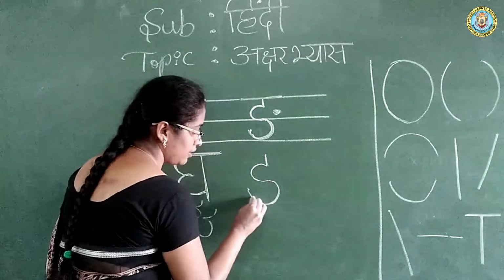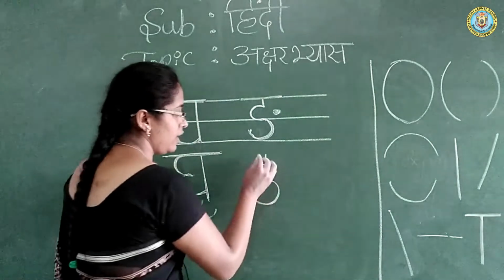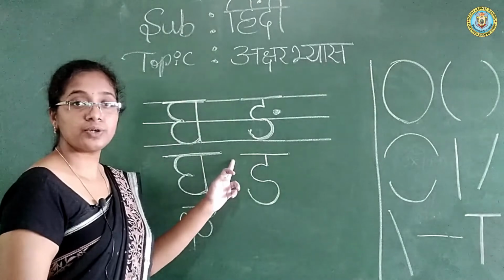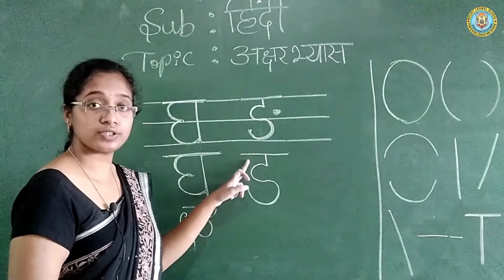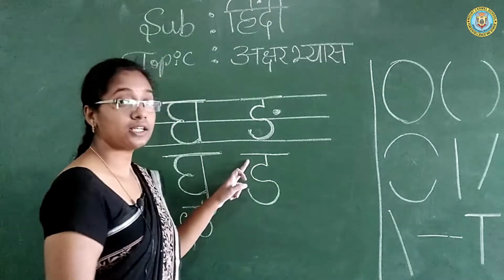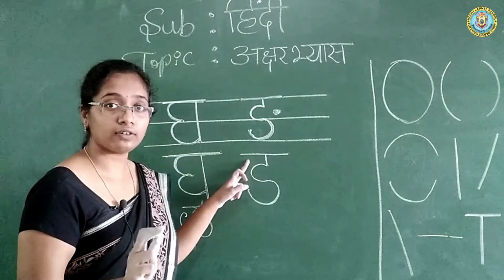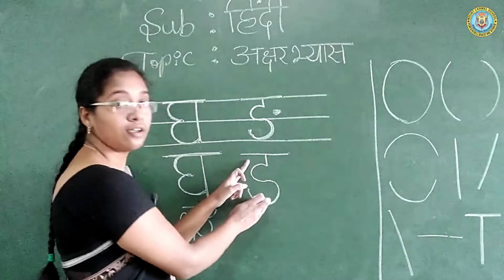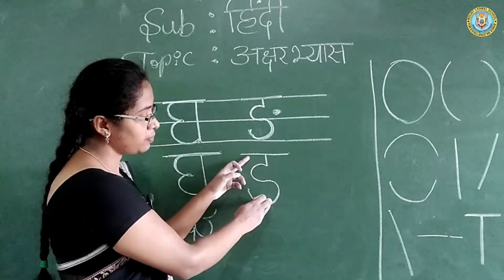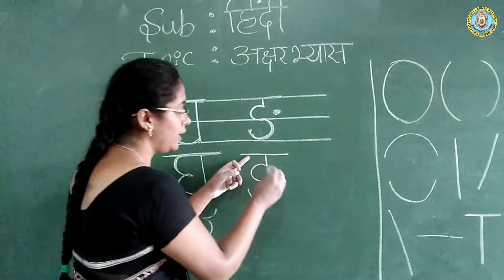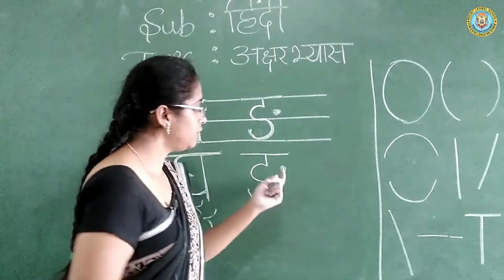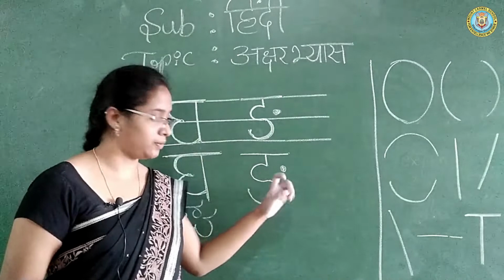Right curve, and the sleeping stroke like this. I think everyone is writing along with me. Yes. After this, what should we apply? One dot here.